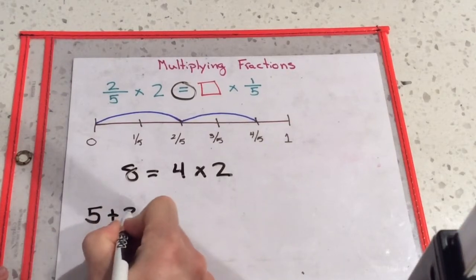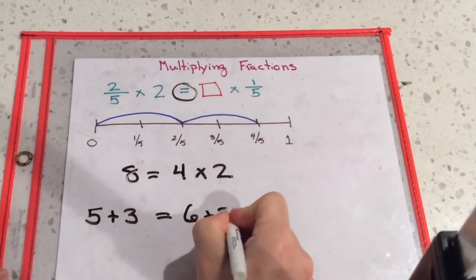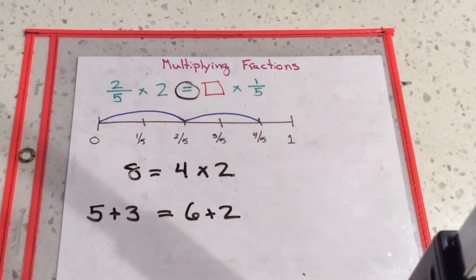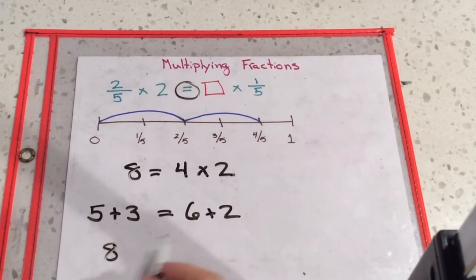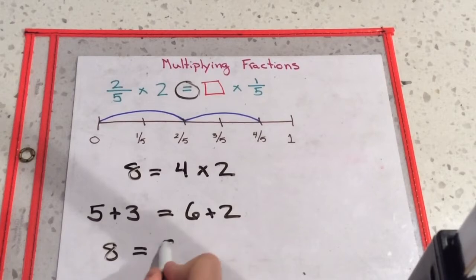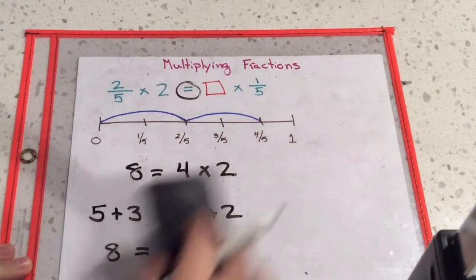We could see a scale or an equation that looks like this. Again, it's signifying that we have the same amount on the left side, 8, as we do on the right side, okay? So it's that idea of having the same value on each side of the equal sign.